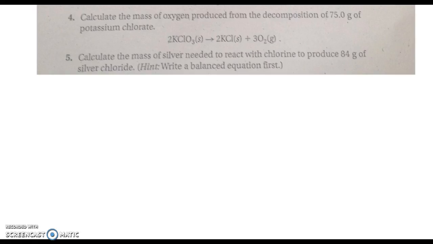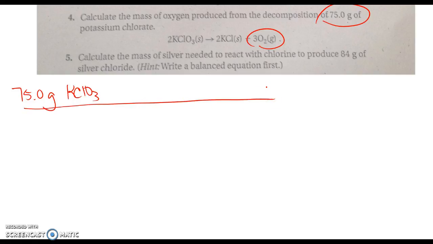All right, number 4 says calculate the mass of oxygen produced from the decomposition of this mass of potassium chlorate. So 75.0 grams of potassium chlorate. I have to go from mass to mass, but I need to go through moles. So I first figure out the molar mass of potassium chlorate, 122.5 grams in 1 mole of it.